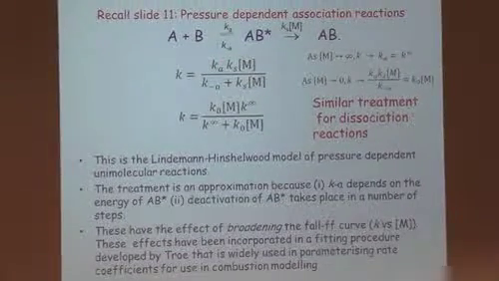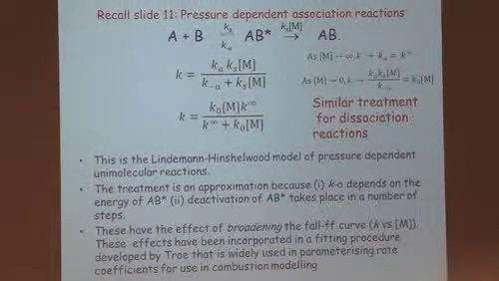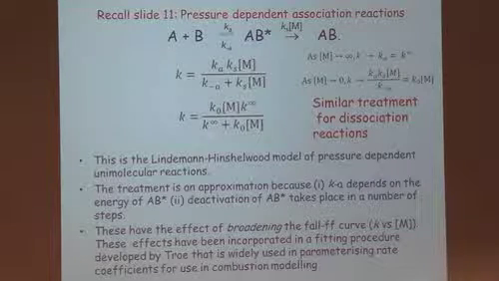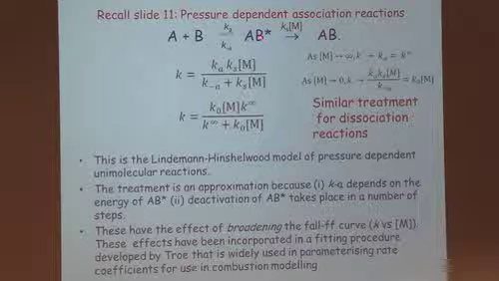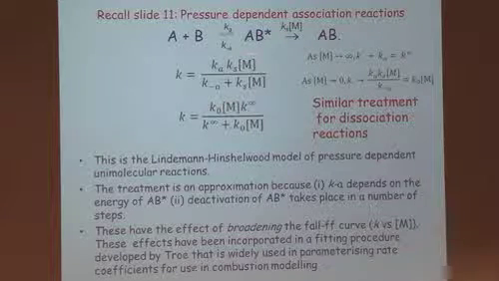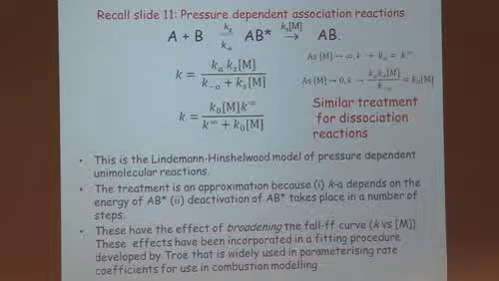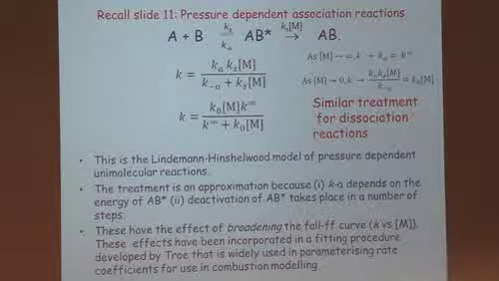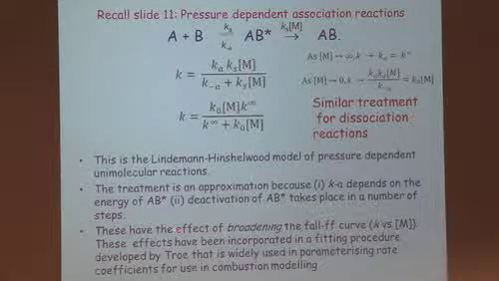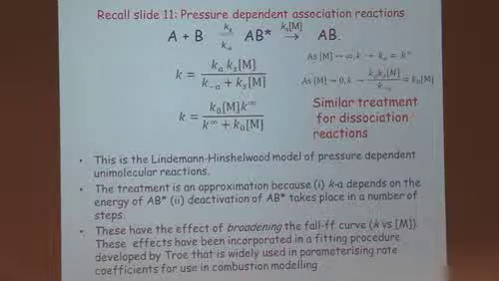And this simple analysis assumes that it's constant. In addition, deactivation by this third body doesn't take place in a single step. It takes place in several steps. And that, again, leads to the invalidity of this expression here. And these have the effect of broadening the fall-off curve.